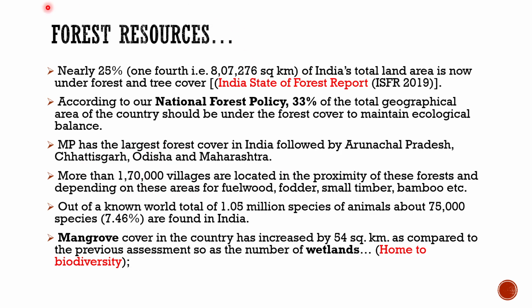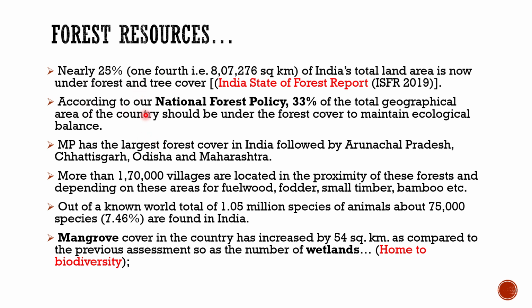Now one by one we'll go through different types of resources, and firstly we'll talk about forest resources. As far as India is concerned, the India State Forest Report of 2009 gives the data for forest resources, and it says that nearly 25% or one fourth of India's total land area is under forest and tree cover.